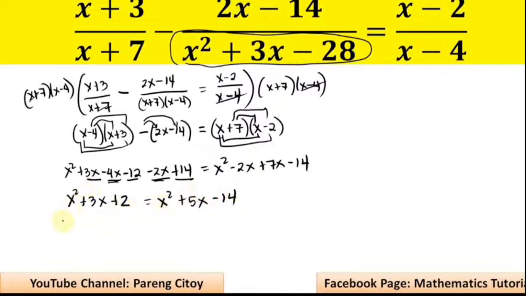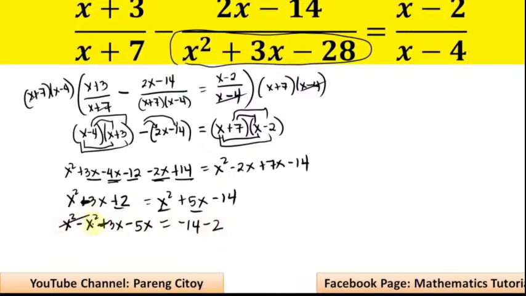Then lipat natin sa kabila, x squared minus x squared, ito ilipat natin, magiging negative, then plus 3x, then ito ilipat natin, magiging negative 5x, ito negative 3, ito negative 3x, okay, then equals negative 14, then ito magiging negative 2.